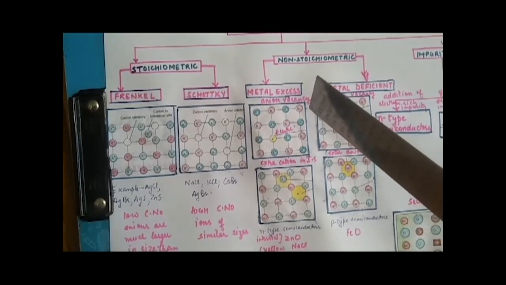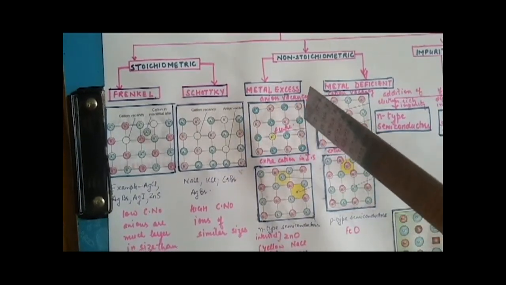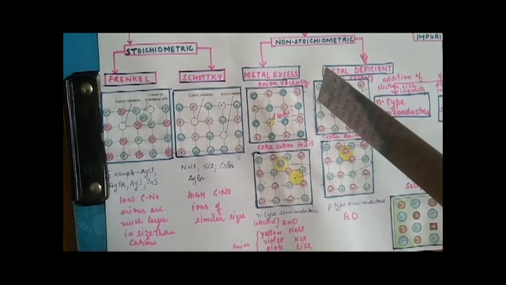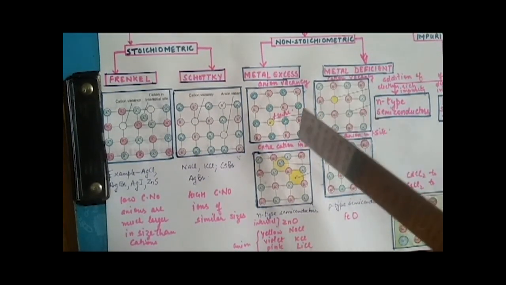Non-stoichiometric compounds are those compounds in which the ratio of positive and negative ions present in the compound differs from that required by the ideal chemical formula of the compound, and the defects in these compounds are called non-stoichiometric defects.